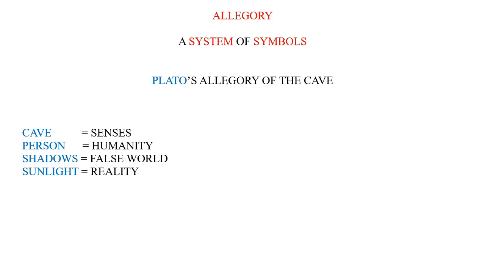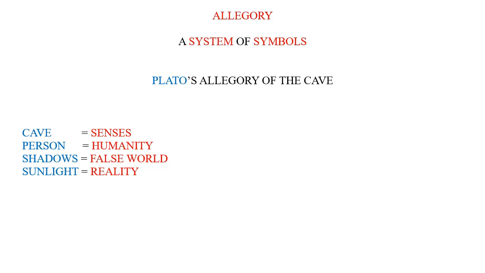Thus, as we can see, Plato has used this system of symbols to make a point about how we experience the world. He's saying that our senses don't give us the whole story, that what we see as reality compares to actual reality the way that shadows of things compare to the actual things.